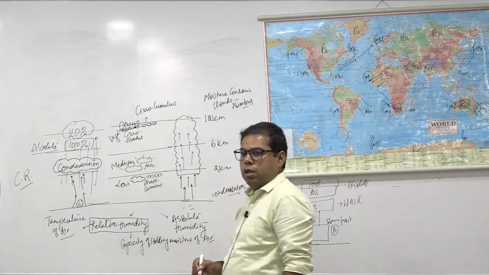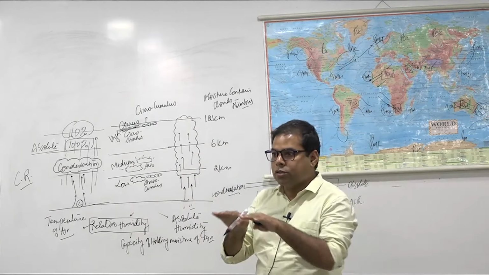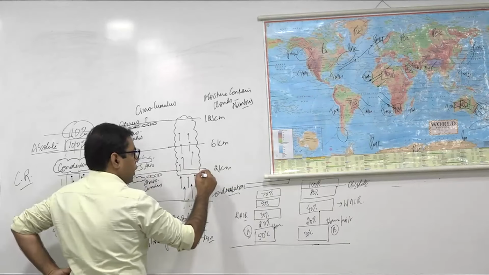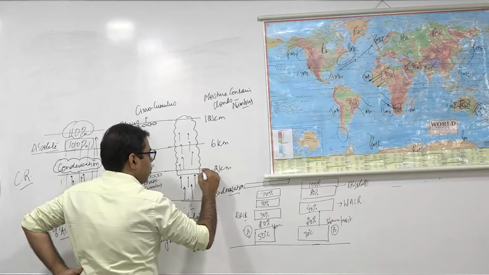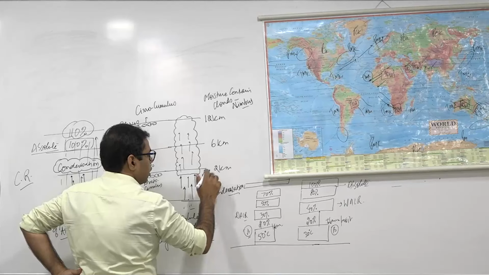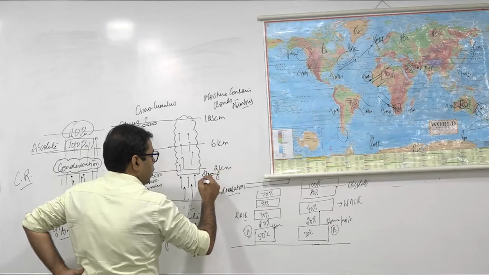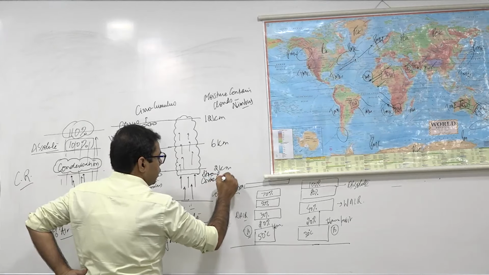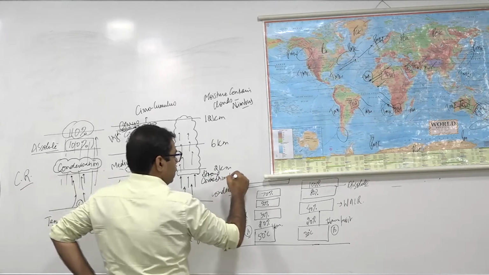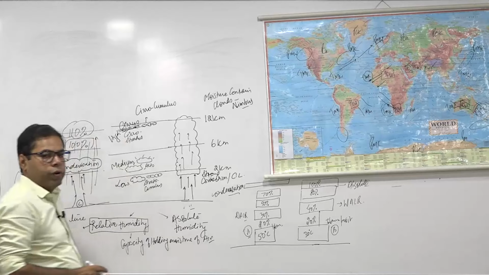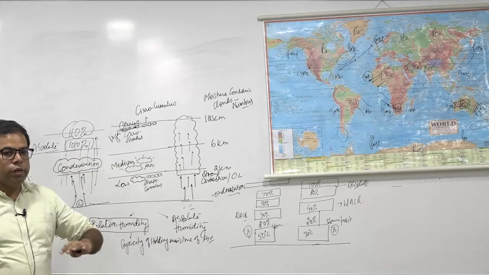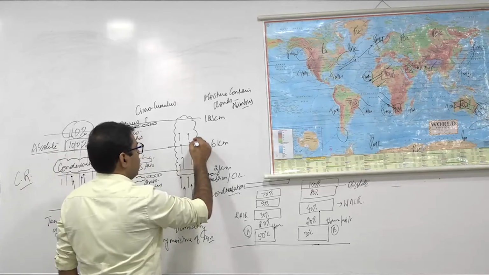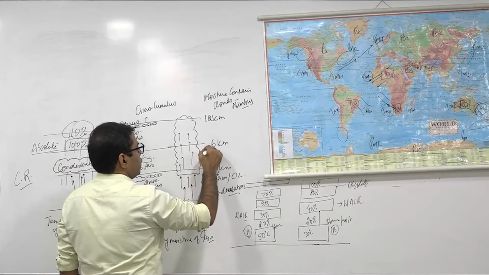So this cloud has the presence of moisture. So there will be different layers of clouds. This lower layer of the clouds has the strong convection, or it is also called convection layer or convective layer. The middle layer is called the mixing layer.